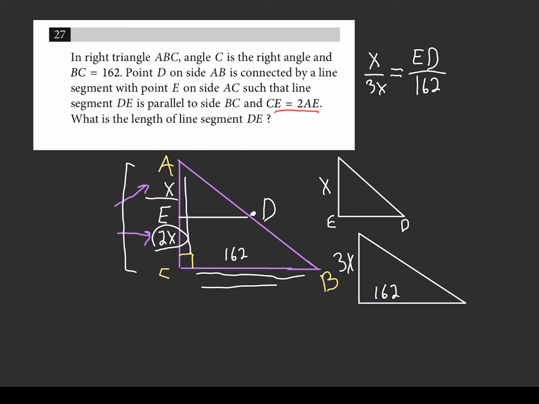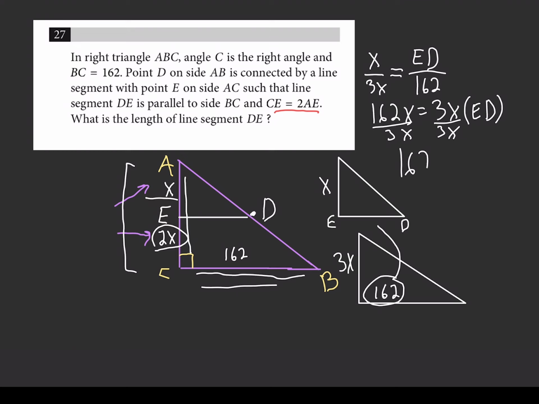Okay, so when I cross multiply that, you get 162x equal to 3x times ED, and then I would divide both sides by 3x. Or you could have just said that this number is 3 times ED. So what I could really end up doing is 162 divided by 3, and that's going to equal 54.